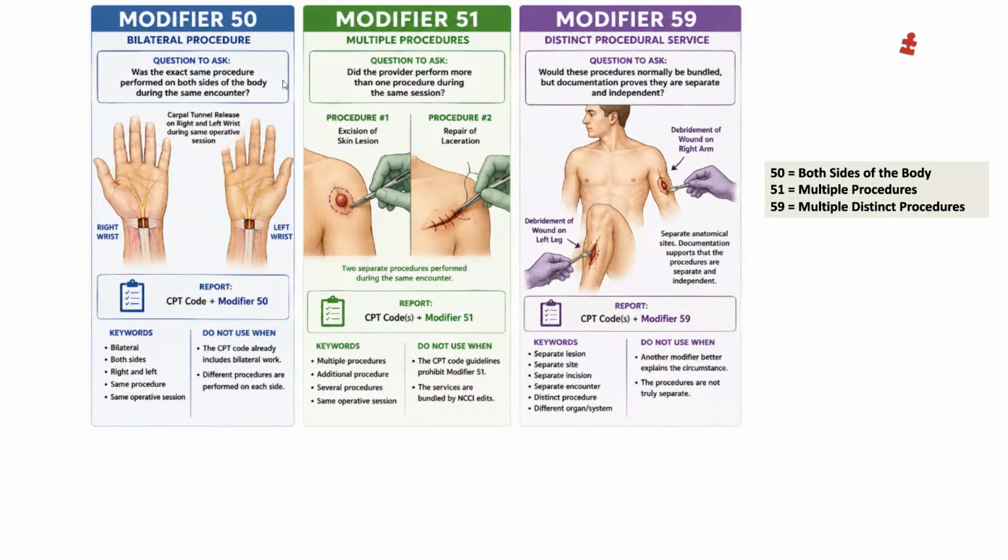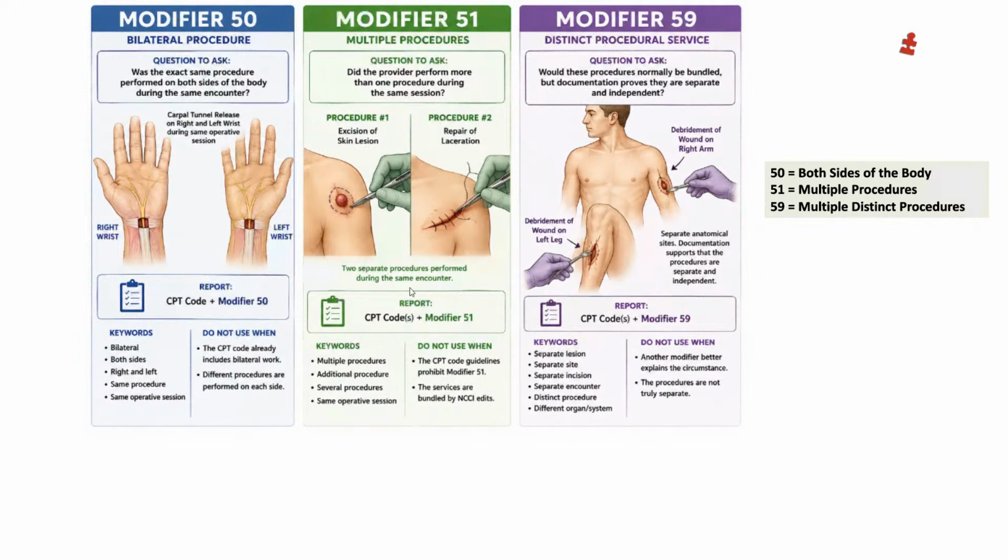And just to drive home all three, we know modifier 50 is used for bilateral. That means the procedure took place on both sides of the body. The same procedure happened on both sides of the body. Modifier 51 means that you have multiple procedures.